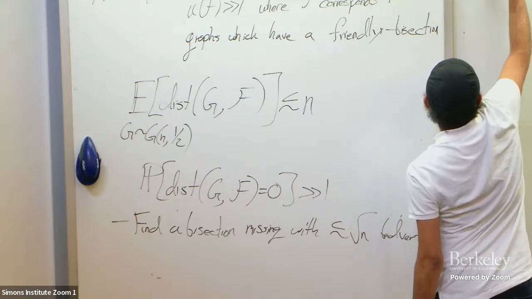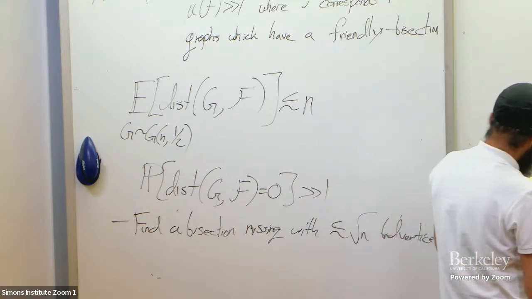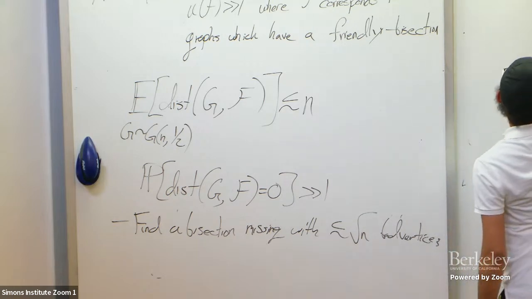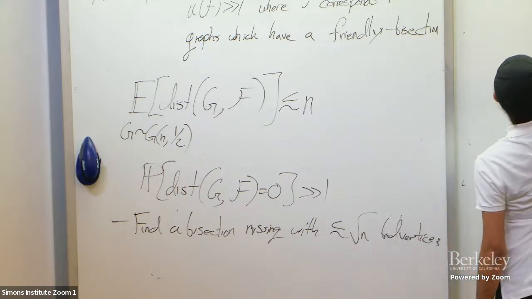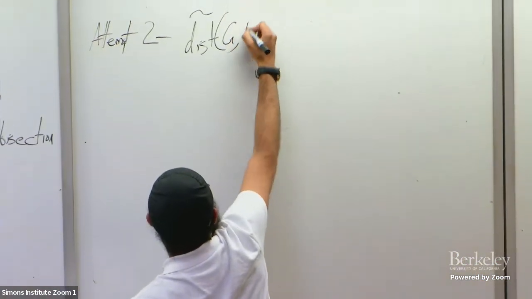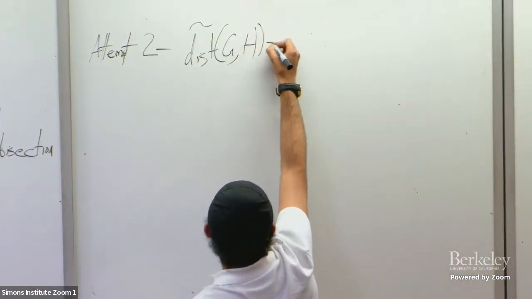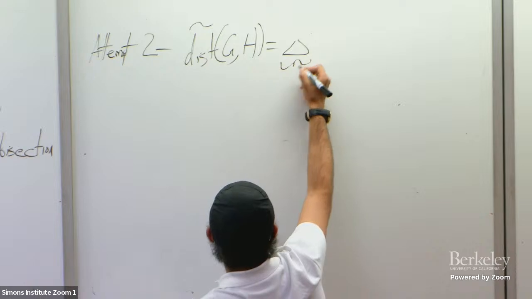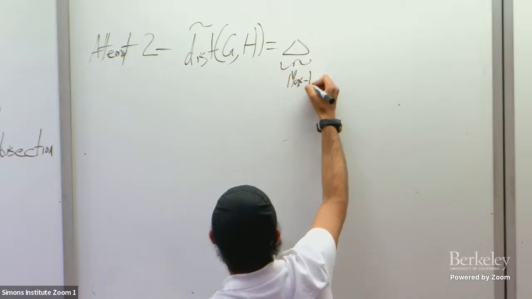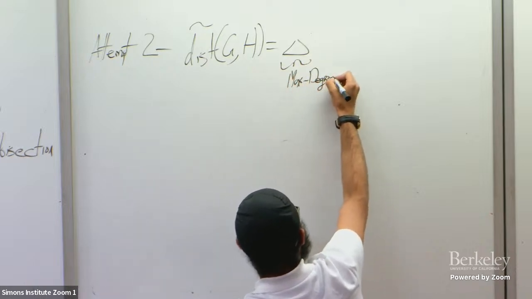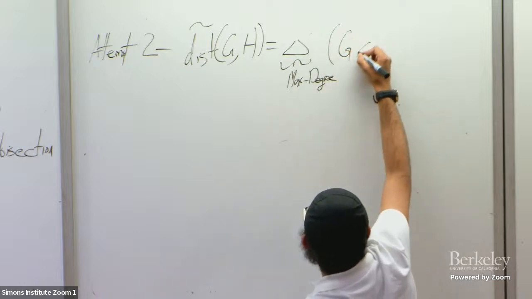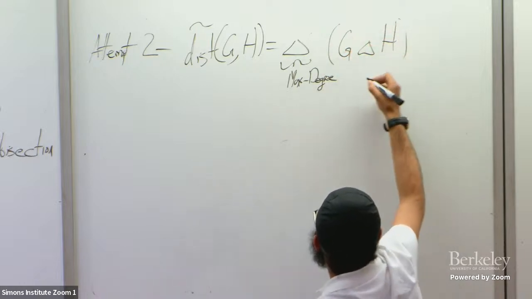The rest of the talk will be discussing this. So for this, I'm going to define the dist between two graphs. I apologize in advance for bad notation, but this is the max degree. And I look at my two graphs and I look at the symmetric difference between them.